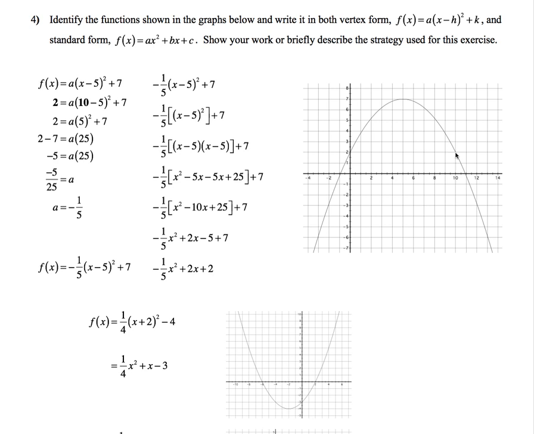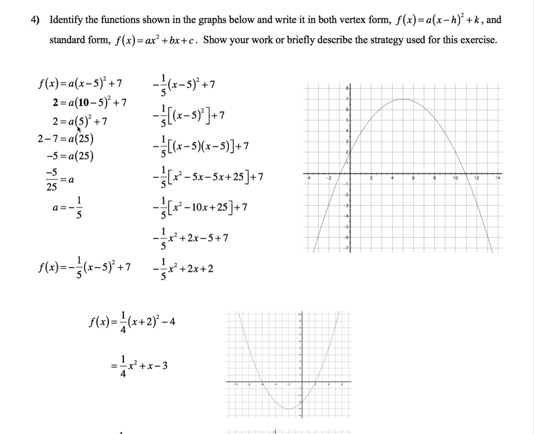It looks very much like those are the coordinates of this point that lies on the graph. And so we substitute 10 for x and 2 for y, or f of x. They are effectively the same thing.